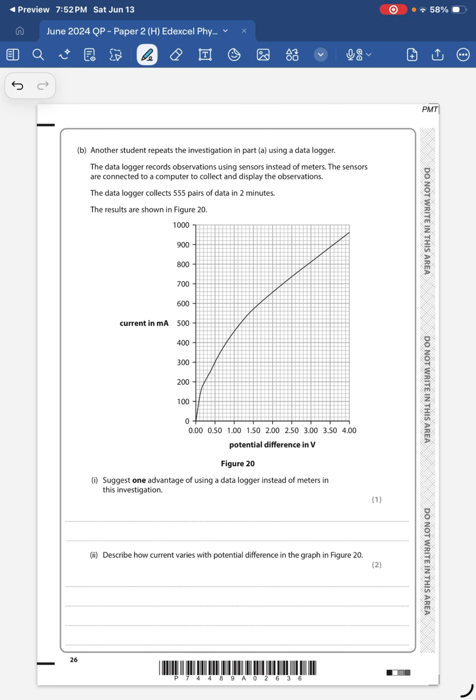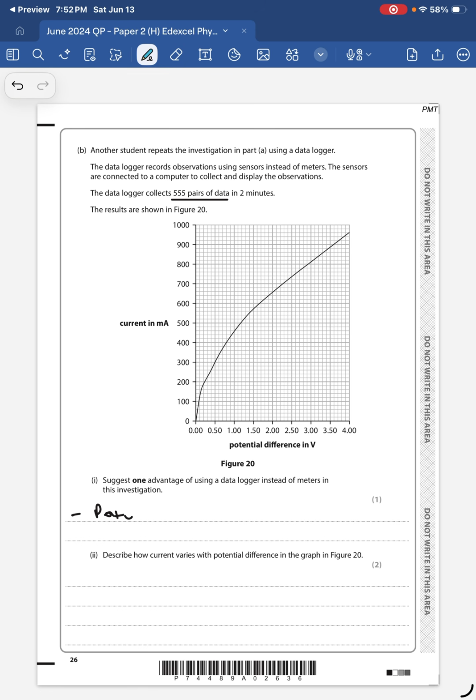Okay, the results are shown in figure 20. Okay, suggest one advantage of using a data logger instead of meters in this investigation. So, I mean, 555 pairs of data. Okay, so that's a good reason to write here.